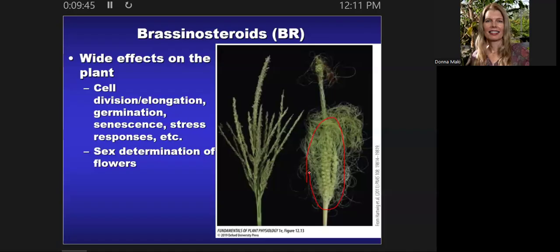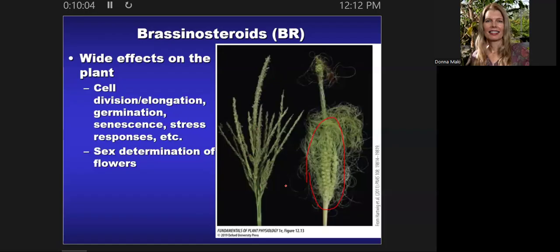So all of this kind of stringy looking stuff, that's silk-ish.